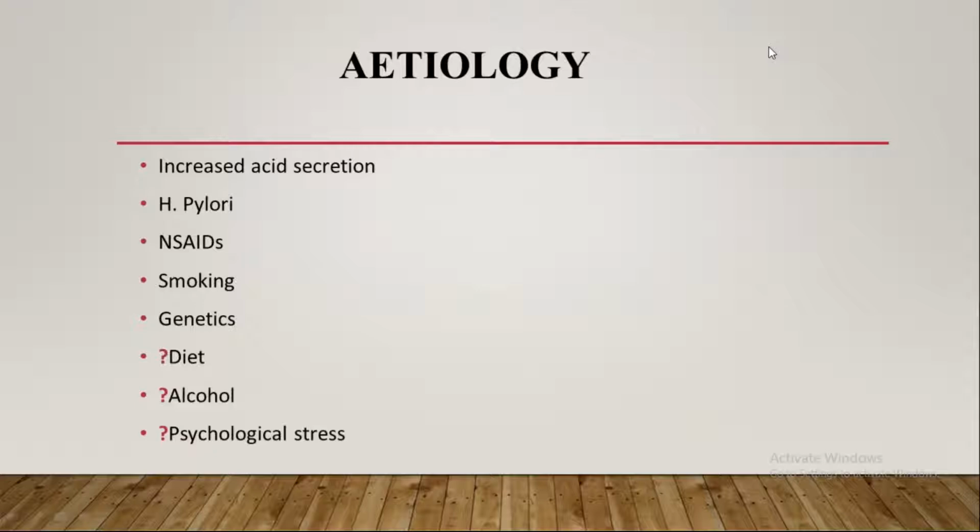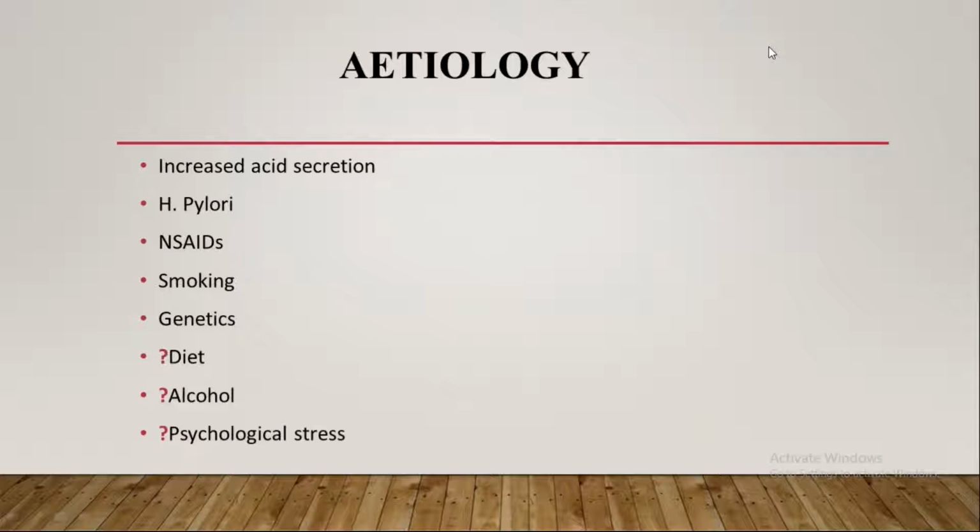So basically, the biological factors which are described for peptic ulcer disease are H. pylori, NSAIDs, smoking, and some genetic factors. And there is a controversial role for diet, alcohol, and stress. If you think about it, ulcers can develop in the whole of the GI tract from the esophagus up till the anal canal.